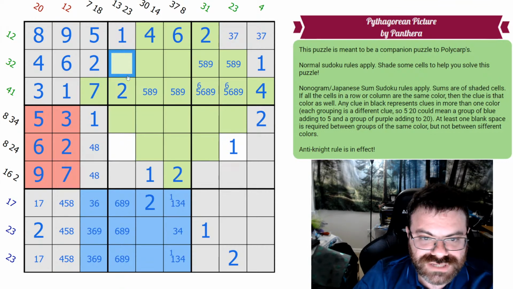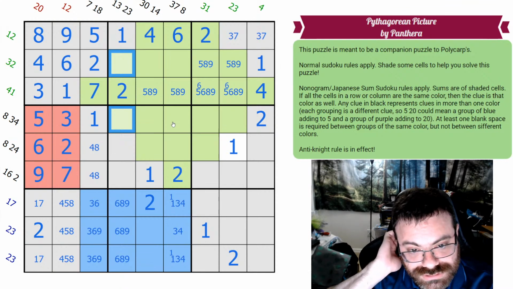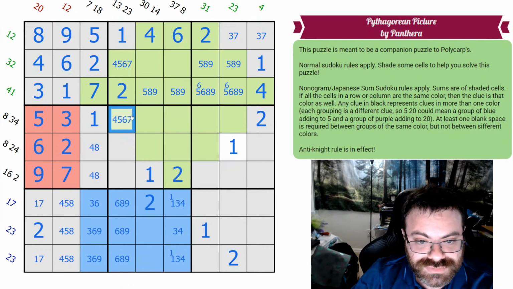No, 13 and 4 must have a 1, so... Oh, sorry, this is now not shaded as we'd expect. And these add to 11. We can't use 9 or 8, so we could do 4, 7, and we could do 5, 6. This can't be 5, so that can't be 6. This can't be 4, so that can't be 7.